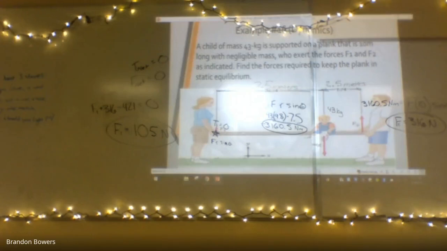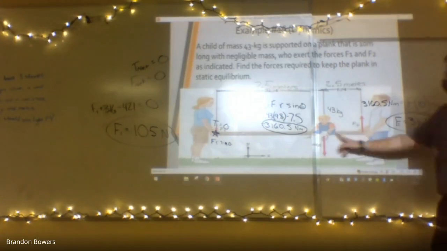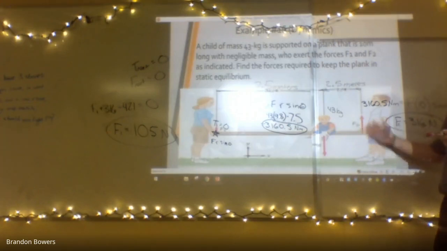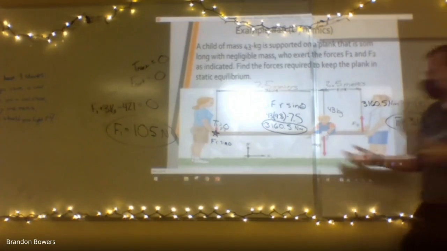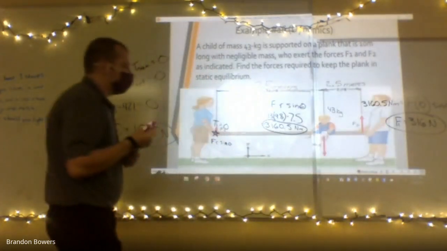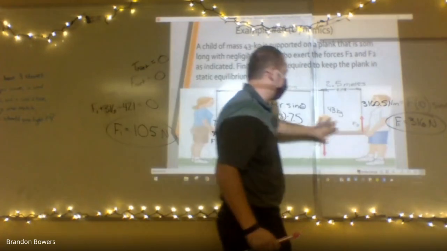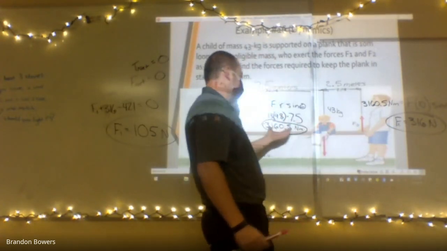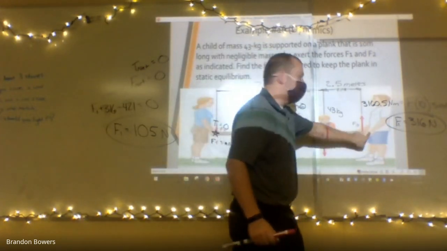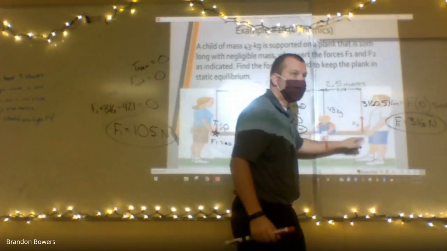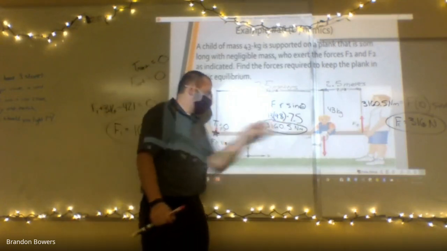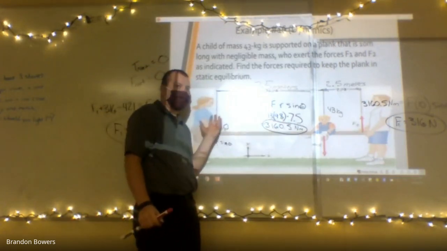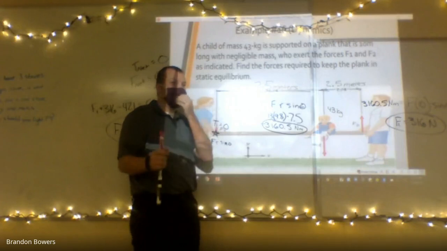So depending on who you're looking at, this person's going to have more force required to lift the baby than this person. So when we're talking about this person, this kid's torque is going to be greater since he's a lot closer. Where if we're considering this person, the baby's going to have a lot less torque. So it just depends on the point of view.